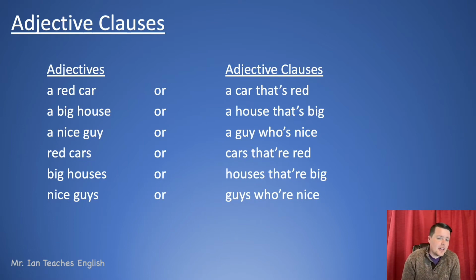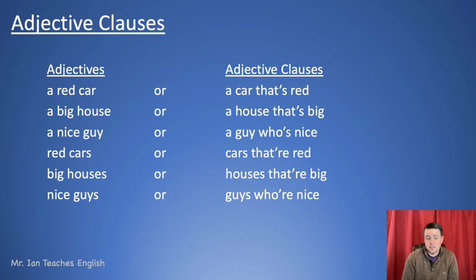So, the adjective a red car, or the adjective red, we can also use an adjective clause, a car that's red. Now this is a clause because we have that as a subject and is as the verb. We have a subject and verb, and this clause together, that's red, describes car. It is an adjective clause.